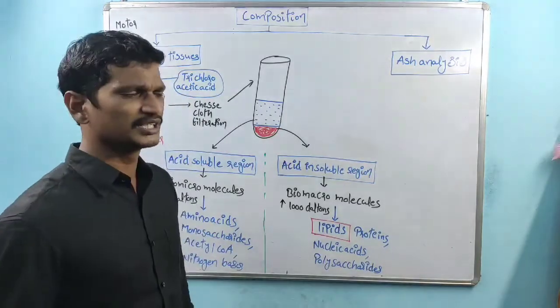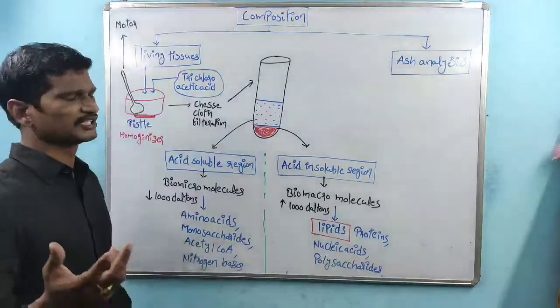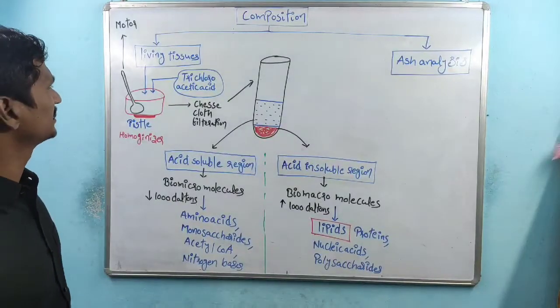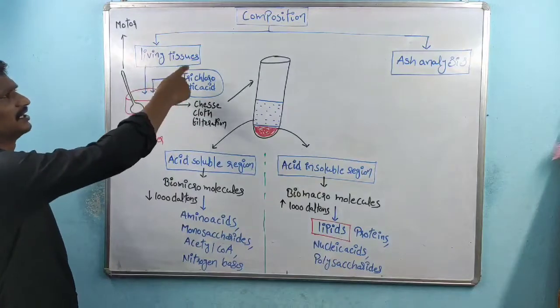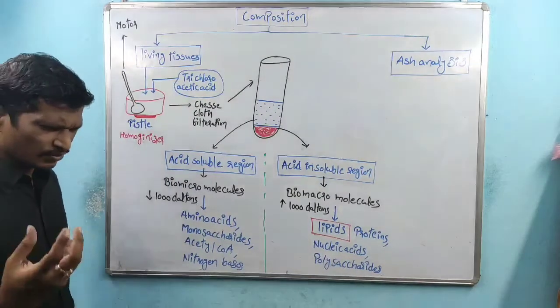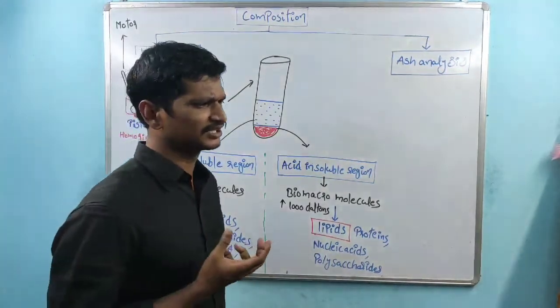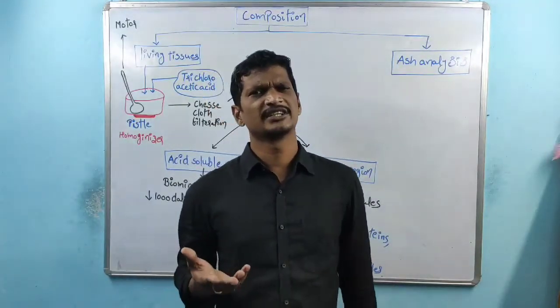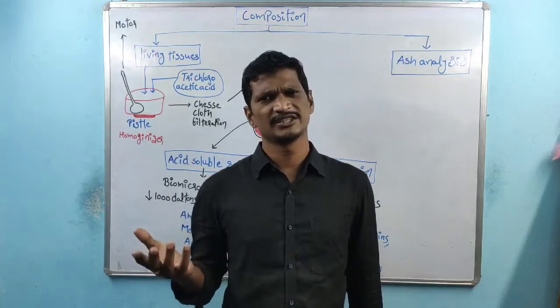When we use the living cells, first of all we are discussing living tissues, right? This is one of the living tissue methods. What kind of living tissue do we collect here? Simple, liver tissue. We eat chicken, right? We eat mutton.